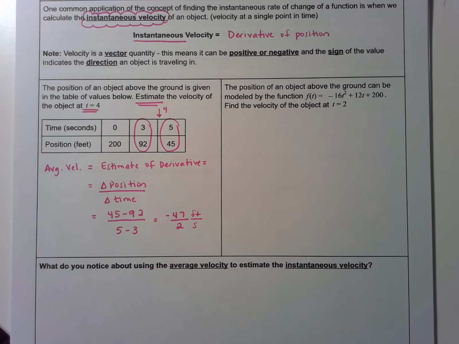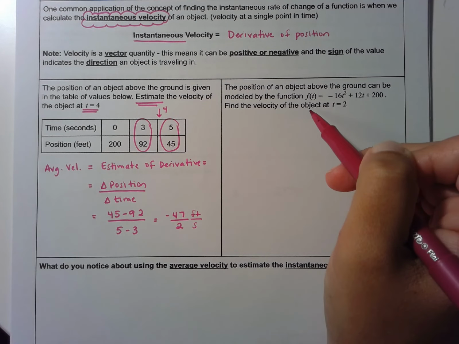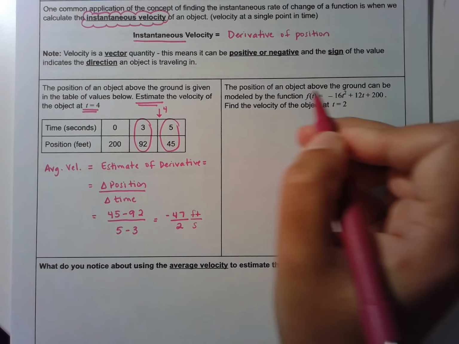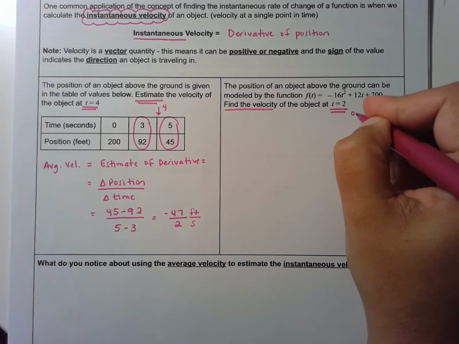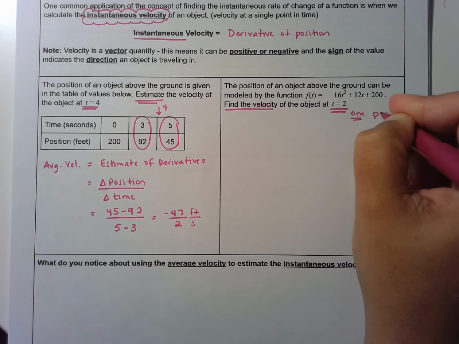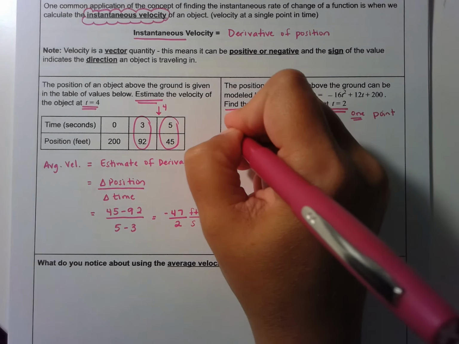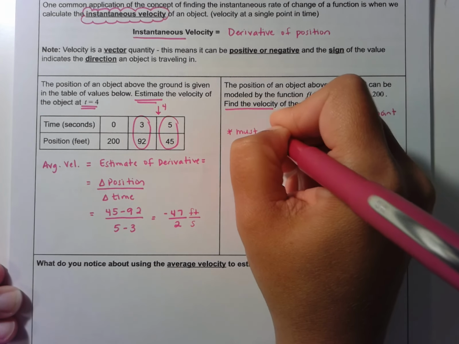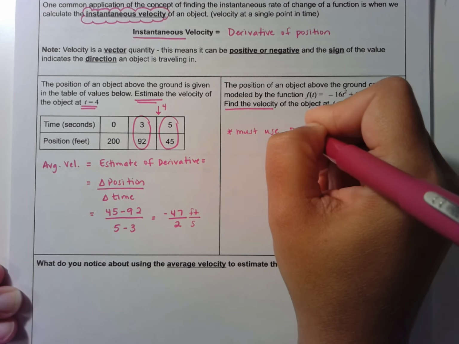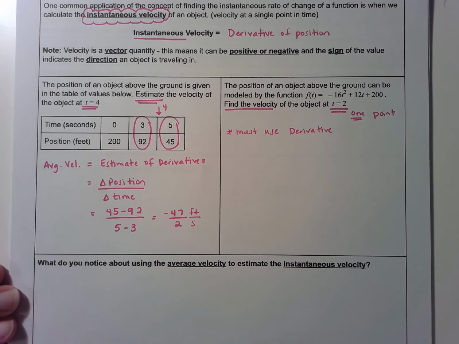Now, by contrast, what if I told you that the position of an object above the ground can be modeled by this equation? Find the velocity at t equals 2, which is 1 point in time. As soon as we see that this is 1 point in time, it tells me we need to use the derivative, because the derivative is how we find the slope at 1 point in time.